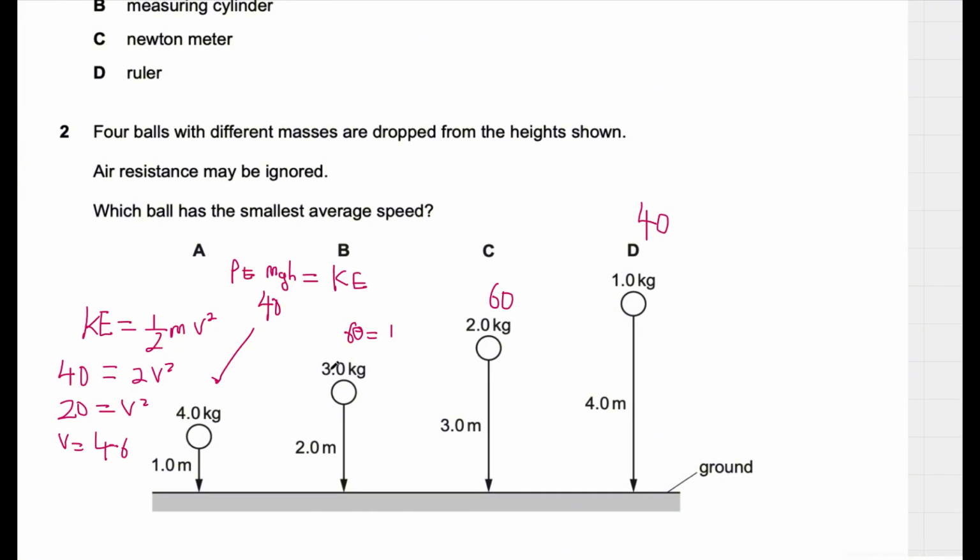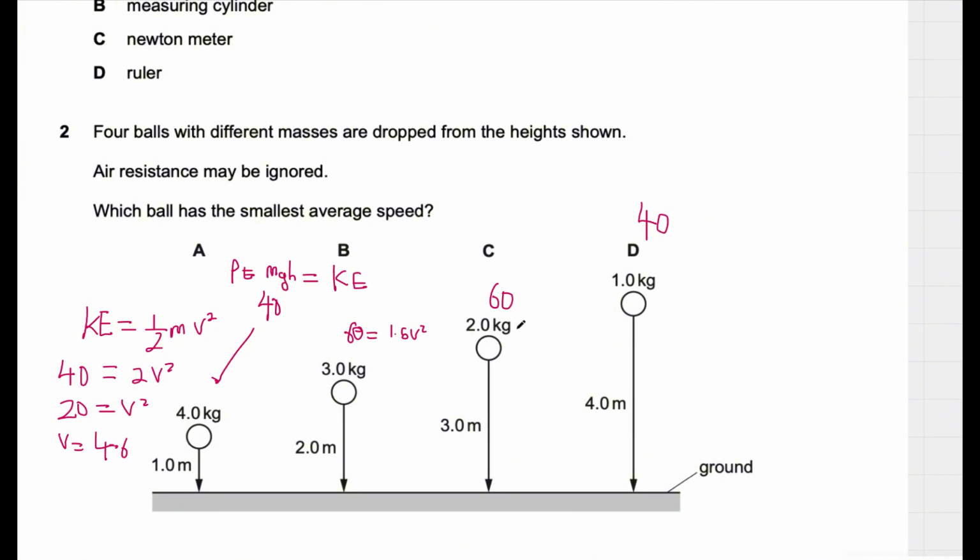Mass is 3, so that's 1.5, times v squared. So 60 divided by 1.5, and then you find the square root. Obviously it's bigger than 4.6, so the speed here will be bigger.